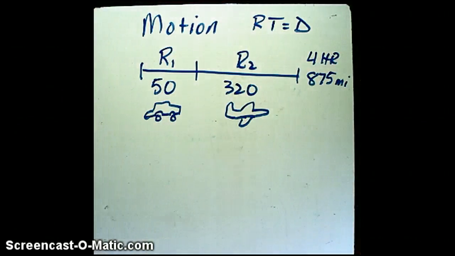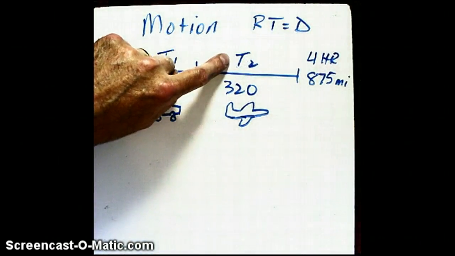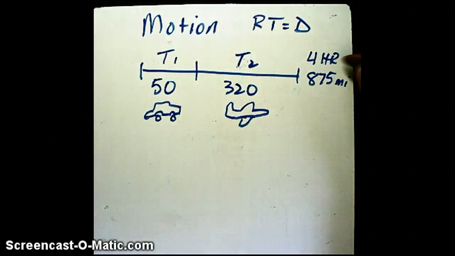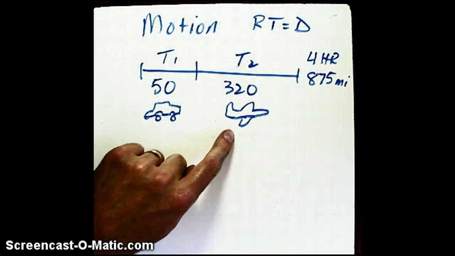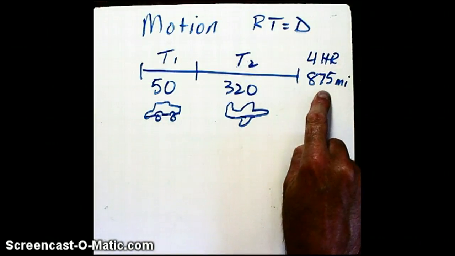Now, one thing we do know is that the total distance is 875 miles in the total time. Now remember, time is distance divided by rate. So the time for driving by the car and the time for flying by the plane should add up to 4 hours. And the total distance driving by the car and flying by the plane together should be 875.